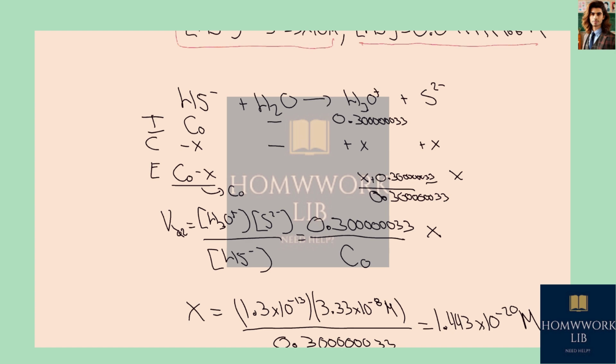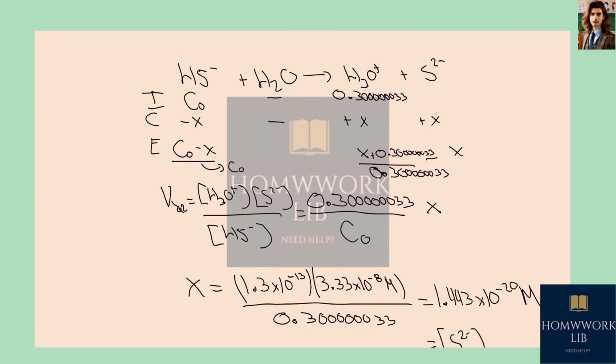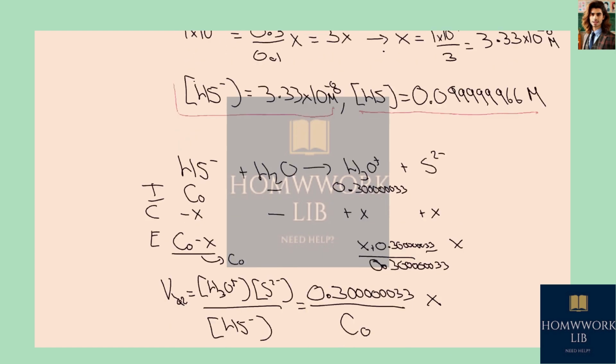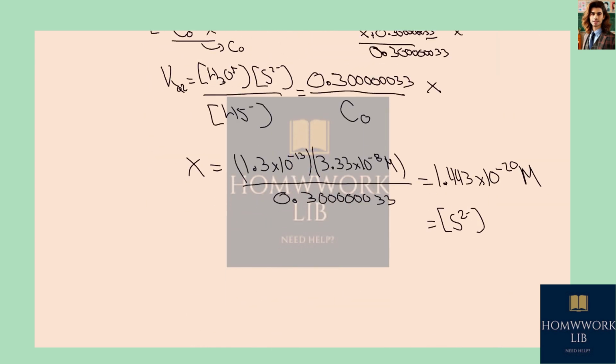And finally, the concentration of S2 minus, assuming those initial concentrations, would be the one that we got here, 1.443 times 10 to the minus 20 molar, which, as you can see, is so small that it makes no sense to do the calculation. And that will be all. Thank you very much.